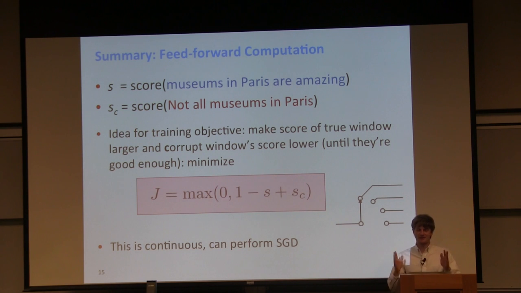Cool. All right, so let's summarize the feed-forward computation of this first neural network with this example here. So let's say we have, for instance, a window. We go through the windows, just like when we train word vectors, and we say we have a correct score whenever the center word of that window is indeed a location. And we're going to want to maximize this score here.